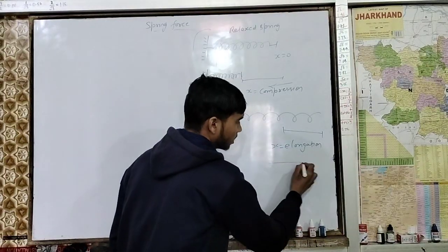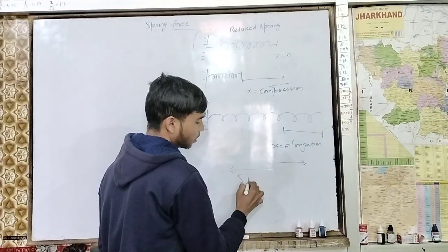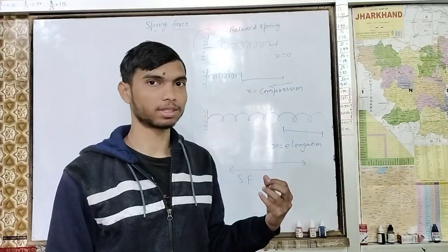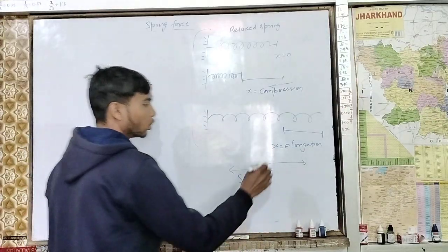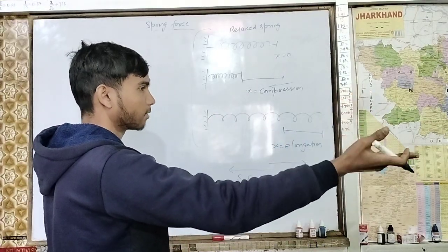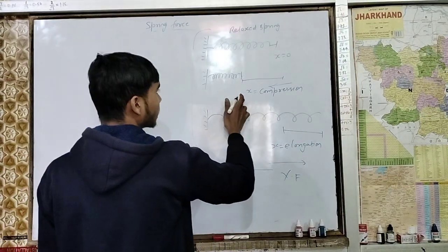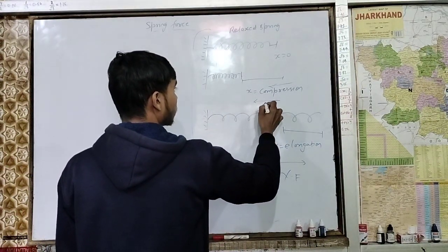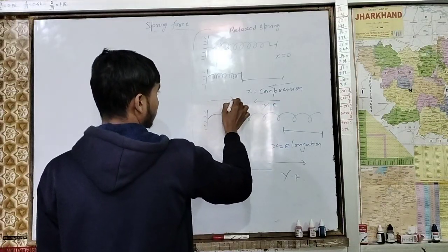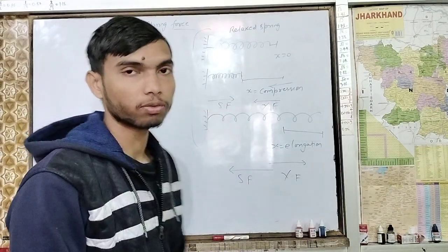Here your force was forward, but the spring force will apply backward. This is what will happen. In the second case, you applied a backward force, but the spring will apply a forward force, just opposite of your force.